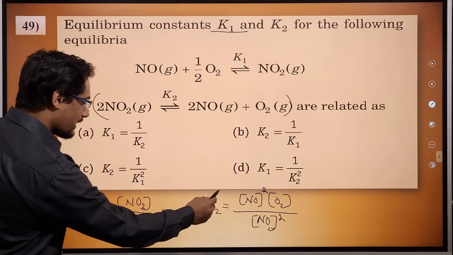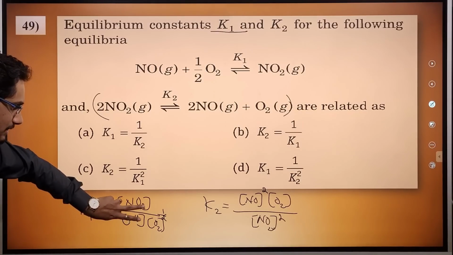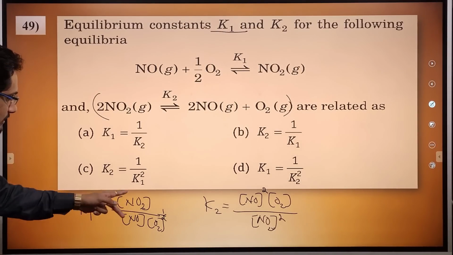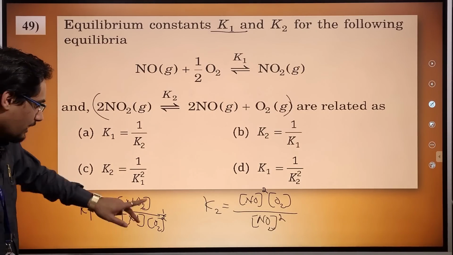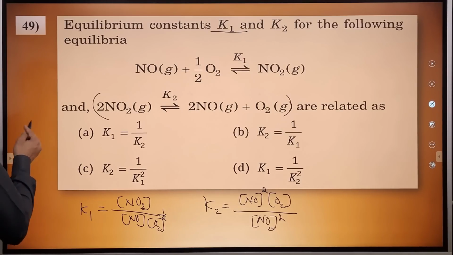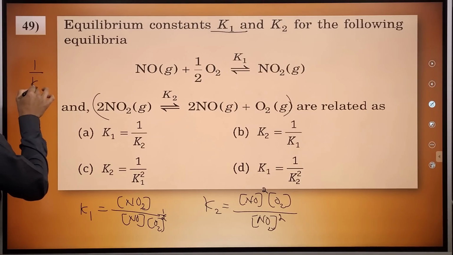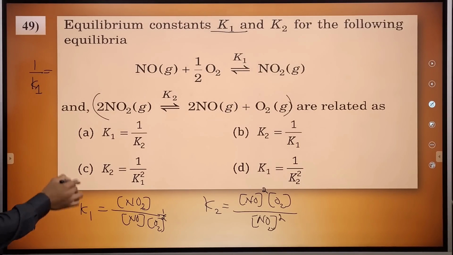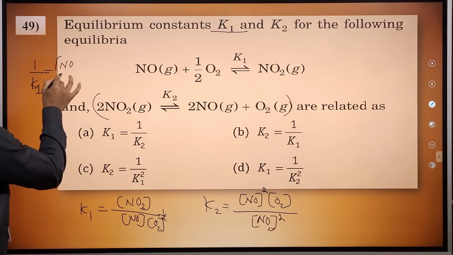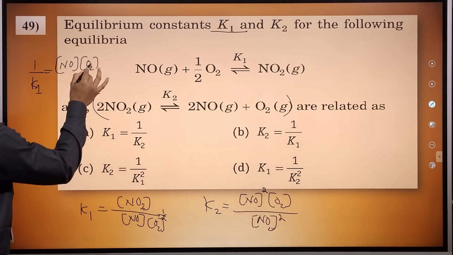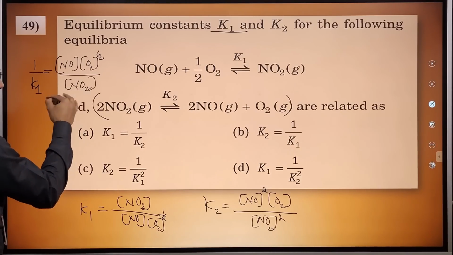So what is the relationship between these two? How to do that? Simply I reverse it. I can put this below and that above, so if I switch it, I can write it as 1 by K1. 1 by K1 will be equal to NO into O2 to the power 1 by 2 divided by NO2, correct?